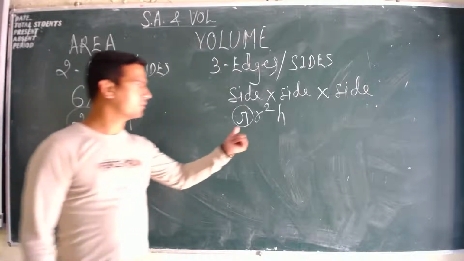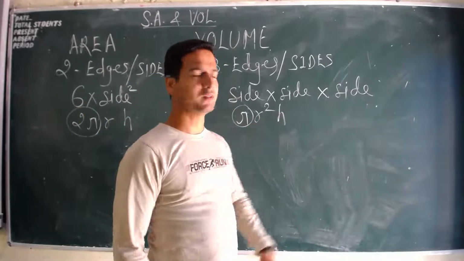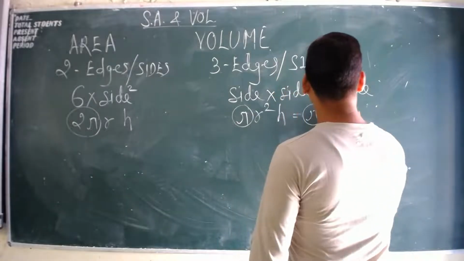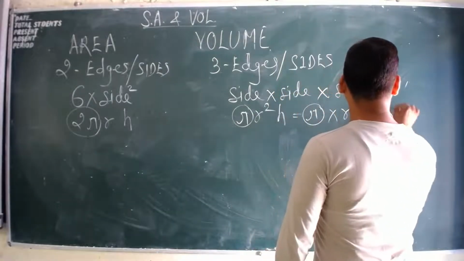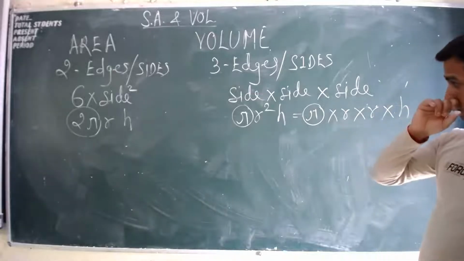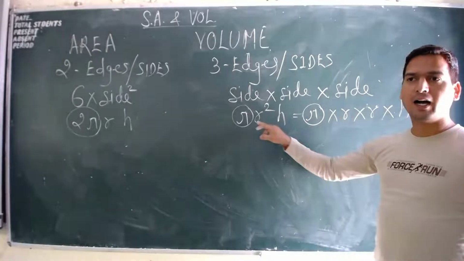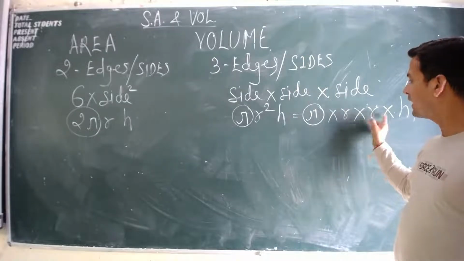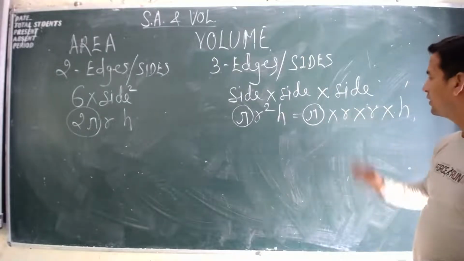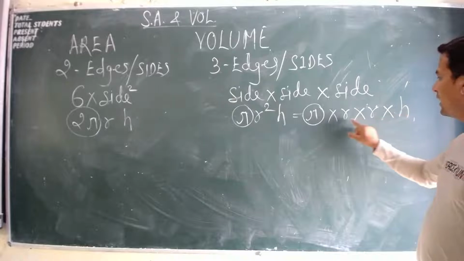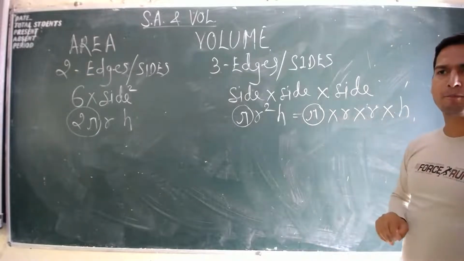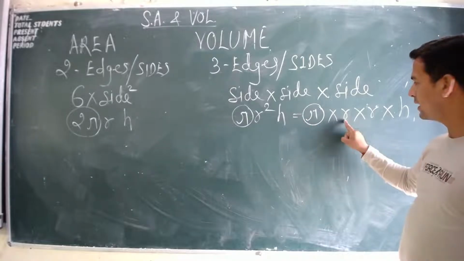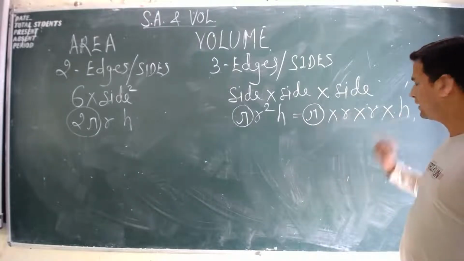Now look here. Here three edges are used. Pi is constant, r square means r into r, and then h. Clearly you can see three edges are used: first edge r, second edge also r, and third edge h.